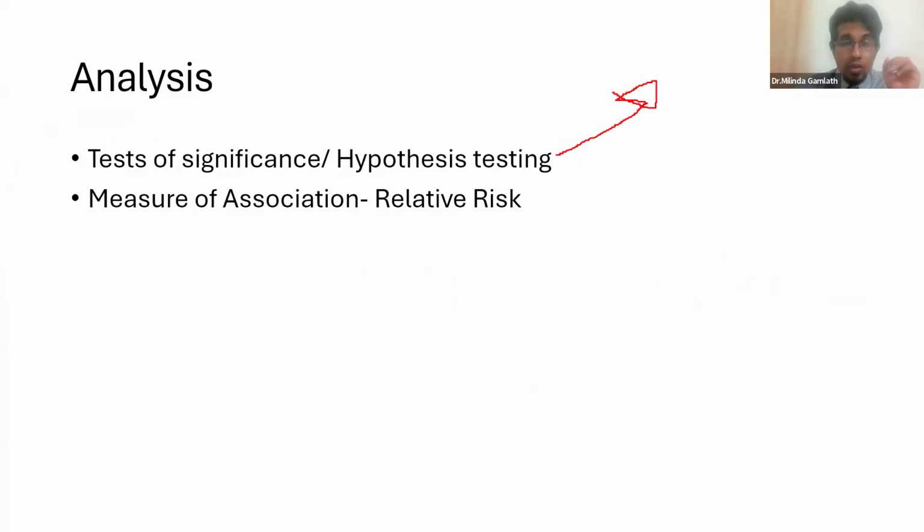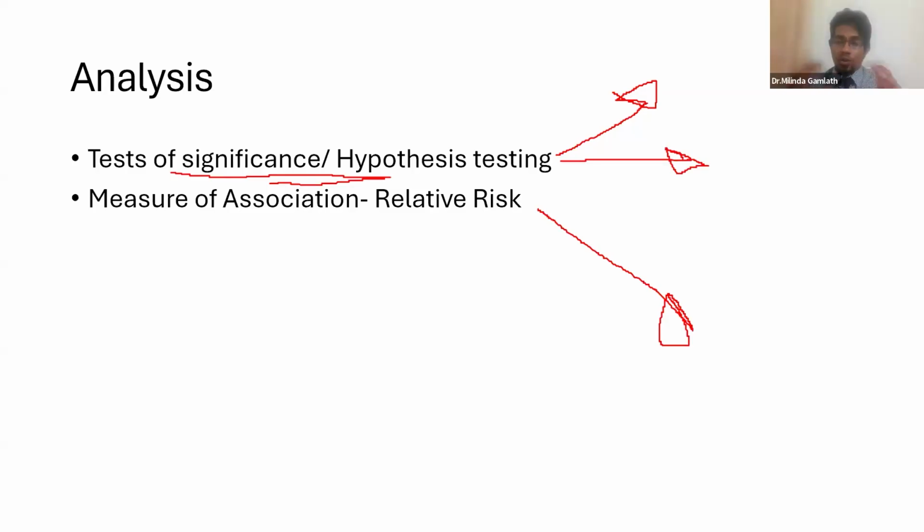We look into this in the statistics module. Basically, you have something called tests of significance or hypothesis testing, and you have to do this for all analytical studies. This is the way you establish the association. You have the hypothesis, and this is the way you test that hypothesis.